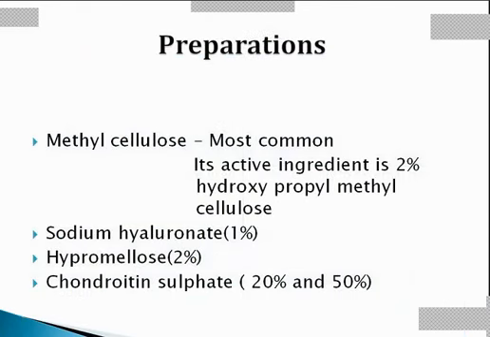The available preparations: methyl cellulose is the most commonly used one. Its active ingredient is 2% hydroxypropyl methyl cellulose. Sodium hyaluronate is 1%, hypermellose is 2%, and chondroitin sulfate 20% and 50% is available. This is a low viscosity, dispersive viscoelastic.